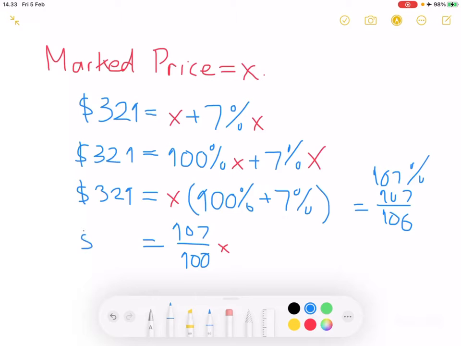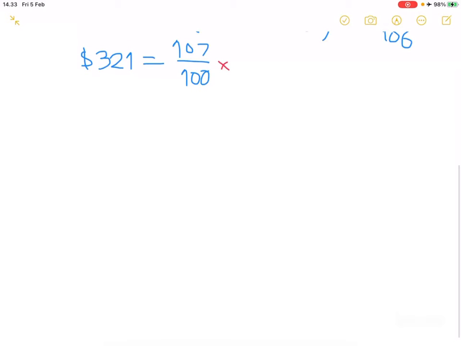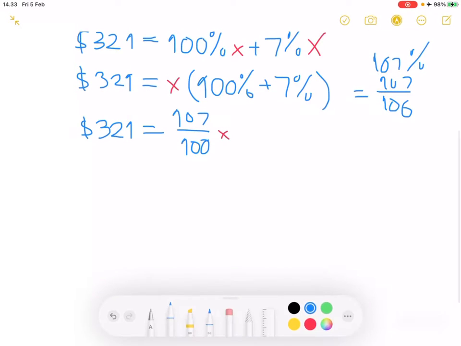And then we can just do some algebraic stuff right here. We can just multiply by 100 and then later divide by 107. However, I'm not going to do that, but you'll end up with a value of X equal to $300. And that's the answer for the A part.